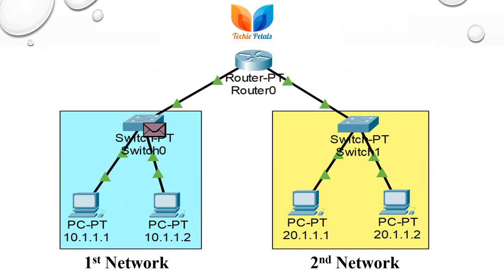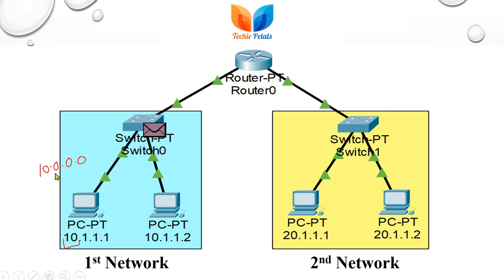So now this we are going to implement, where we have this as the first network and this is our second network. By network we mean the network IDs of these two connected networks must be different. Here the first network has network ID 10.0.0 because this is a class A address, so the network address will be 10.0.0.0.